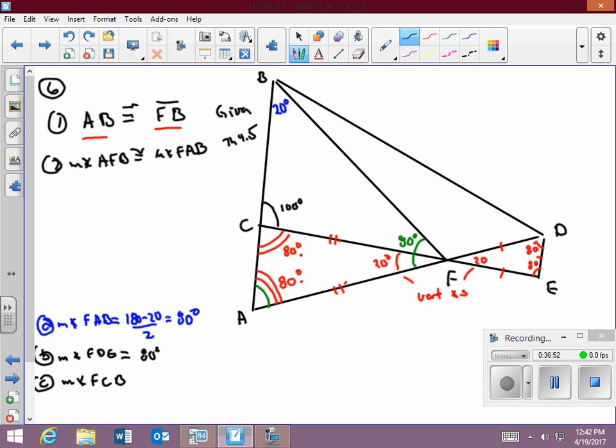FCB has to equal 100 degrees. Does everyone understand that? Are you supposed to subtract 80 from 180? Yeah. A straight angle is 180 degrees, and you have the red 80 degrees, so the other one has to be 100.